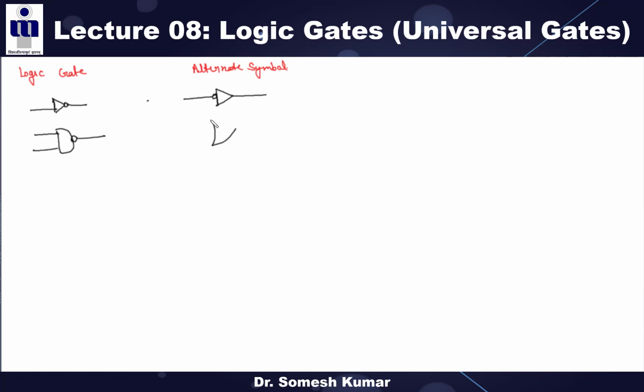This symbol I already told you, right? This is the symbol for your NAND gate. Similarly, the symbol for your NOR gate is the bubbled AND, right? So, clear. Similarly, for the AND gate, what is the symbol?